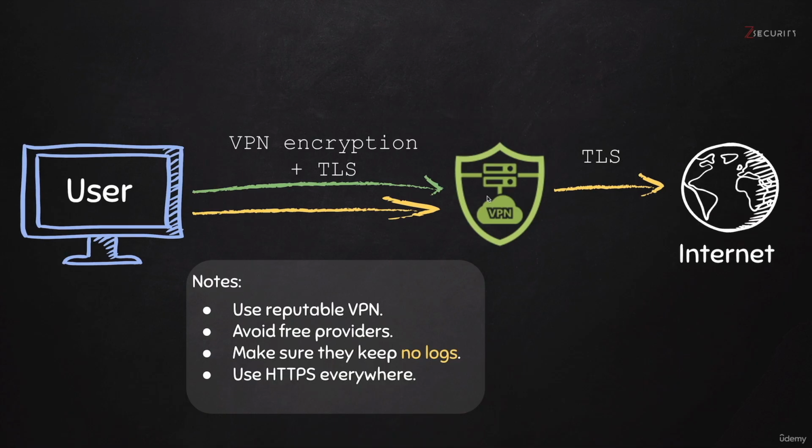Therefore, even though the VPN provider is able to see your data and able to decrypt the encryption used in the VPN tunnel, they will still not be able to see your data, because it will still be encrypted with TLS. So this basically solves the problem of the VPN server being able to see your data, because at the VPN server, your data will still be encrypted with TLS.